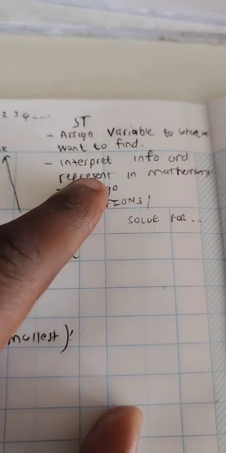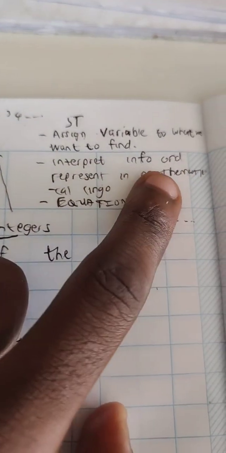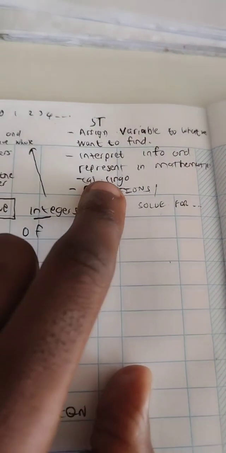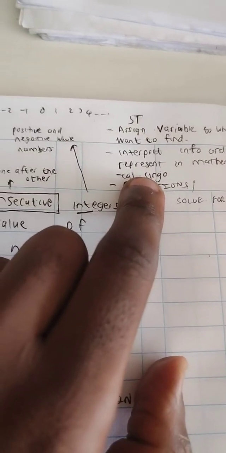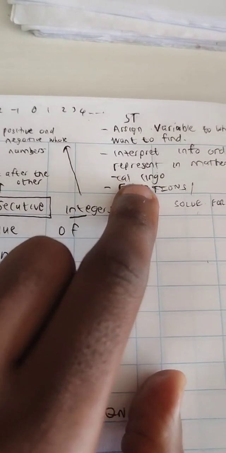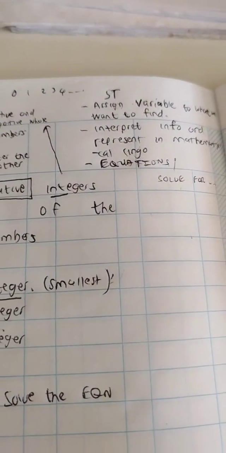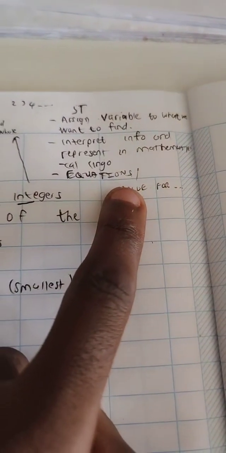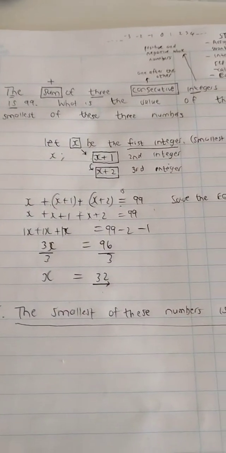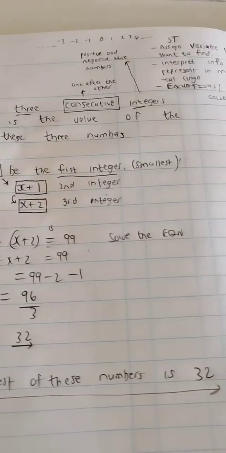It's just that X has prominence. We interpret the information and represent in mathematical lingo what we basically have as the info. We then set up an equation or equations, then we solve for those and then answer the question, which is what we typically did here in this particular scenario.